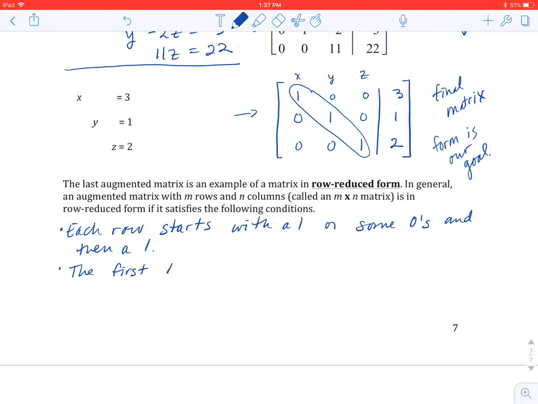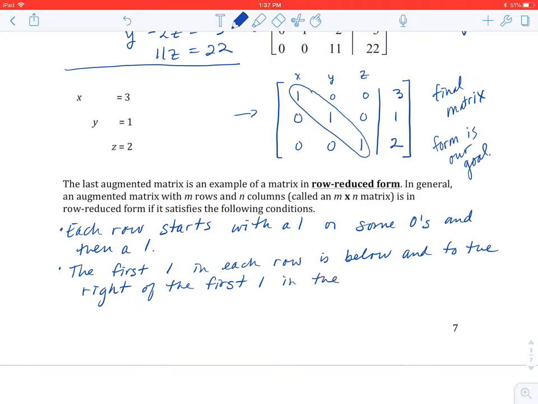The first one in each row is below and to the right of the first one in the row above.